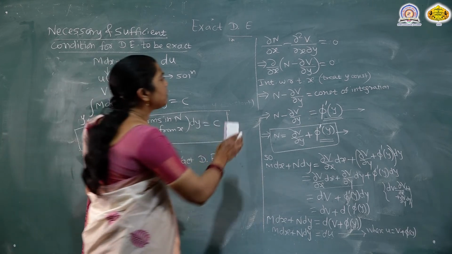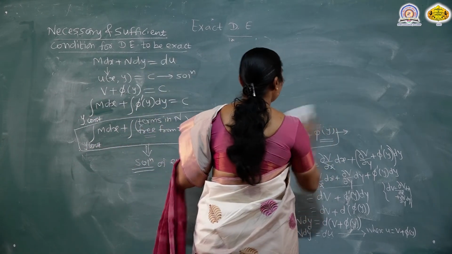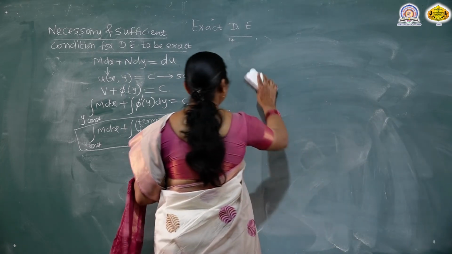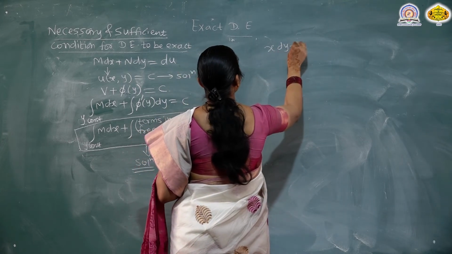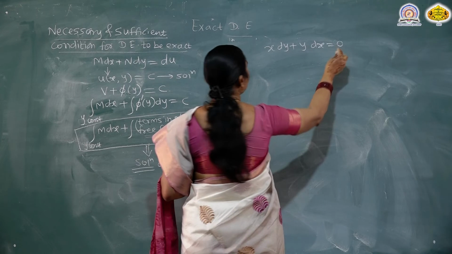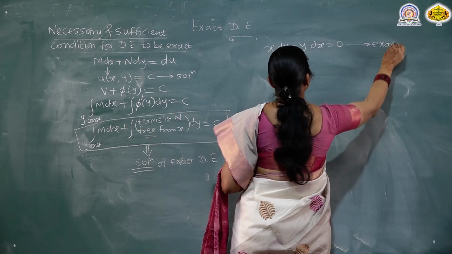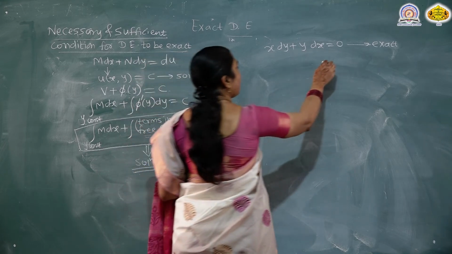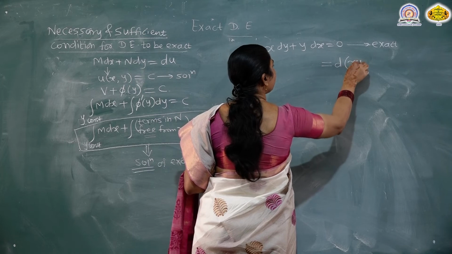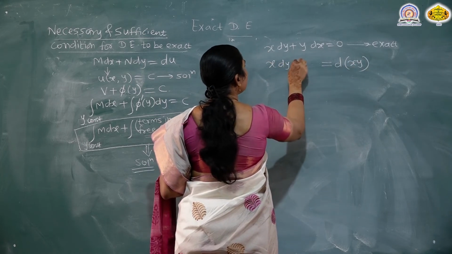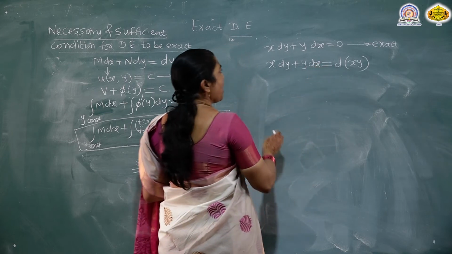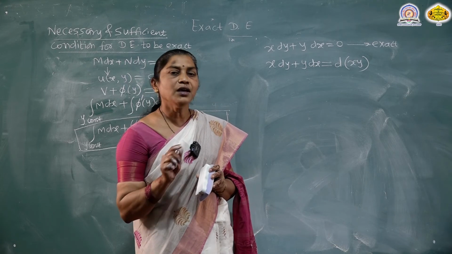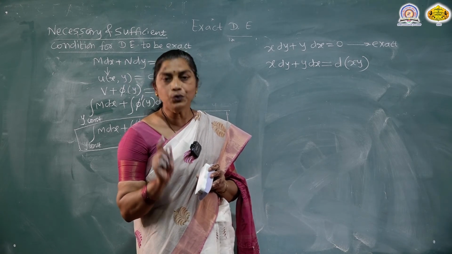For example, consider a simple example. We have seen that the equation x dy plus y dx equal to 0 is exact. Why do we say that this is exact? Because x dy plus y dx can be written as d of xy. Exact means m dx plus n dy equal to 0 is exact if it can be written as m dx plus n dy equal to du.